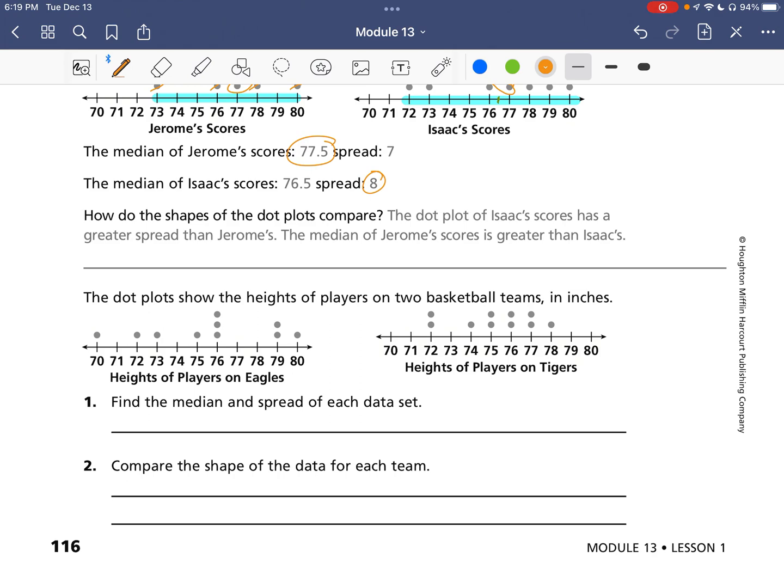All right, knowing that, we need to find the same thing for these two. We need to find the median and the spread. So we have the Eagles and we have the Tigers. So we need to find those two data points, the median and then the spread.